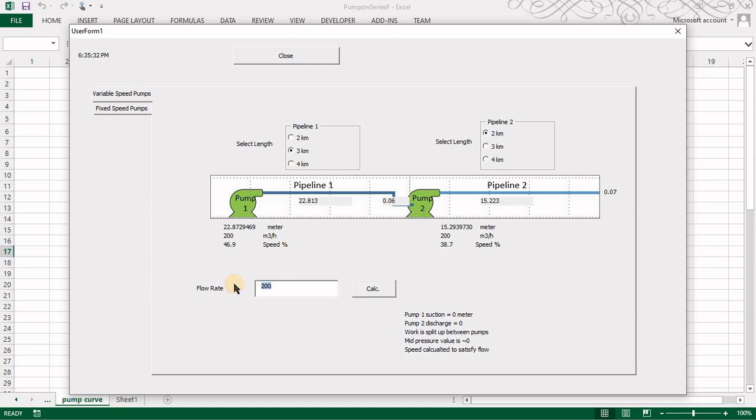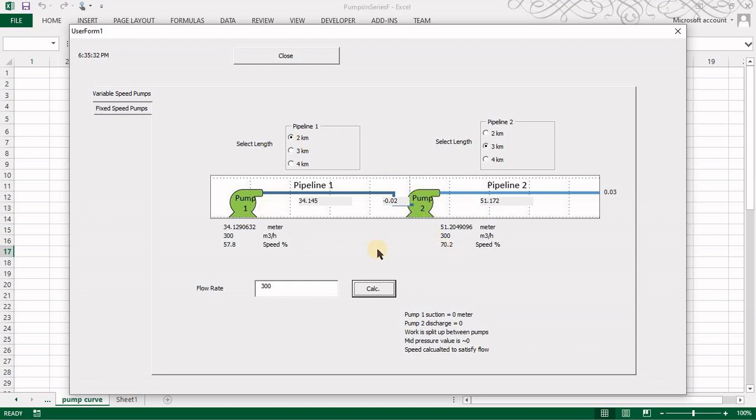So we can change this to 300, let's say, and see what's happening. What is happening now is the first pump has to run at 70% speed and the second pump needs to run at 57%. Assume we did the reverse: the first one at 57% and the second one at 70% speed.